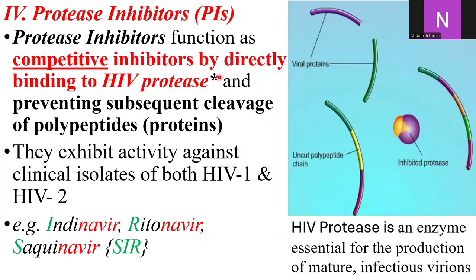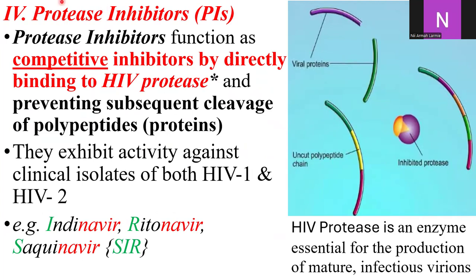Then we have the protease inhibitors. Once the HIV virus has synthesized its proteins, these polypeptides must be cleaved into smaller portions so that they can be assembled. That is done by an enzyme called protease.